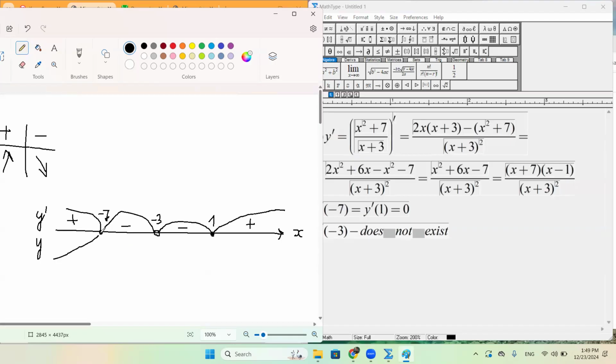And what about the function itself? It decreases from -7 to -3 and from -3 to 1, and it increases from minus infinity to -7 and from 1 to plus infinity.